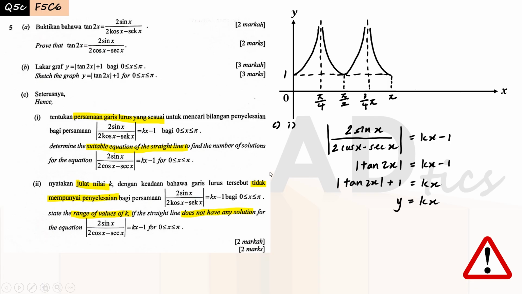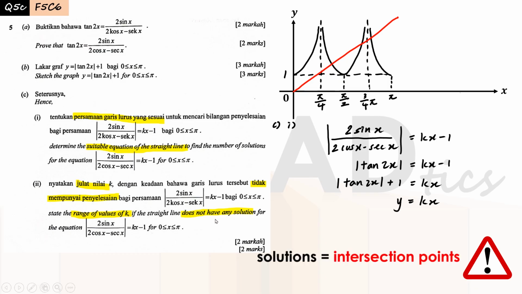This means if we draw out this graph, and let's say k has a number, and we draw out a line which is something like this, here, if you see this red line and the graph that we have drawn just now, we have 3 intersection points: 1, 2, 3. Because the number of intersection points is 3, the number of solutions is 3. So essentially, solutions are the intersection points.